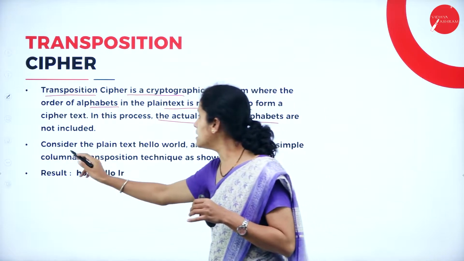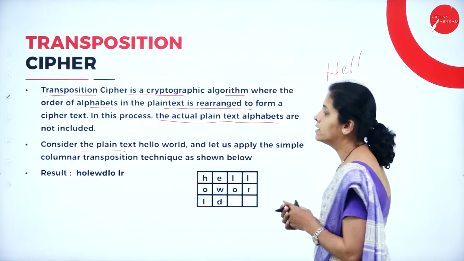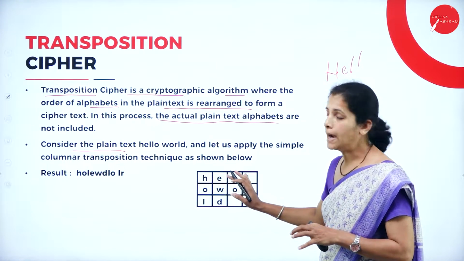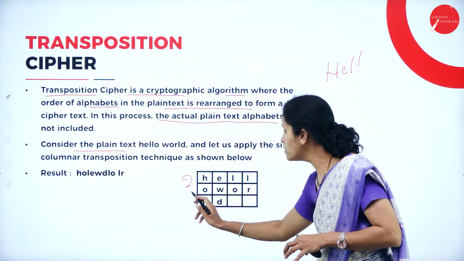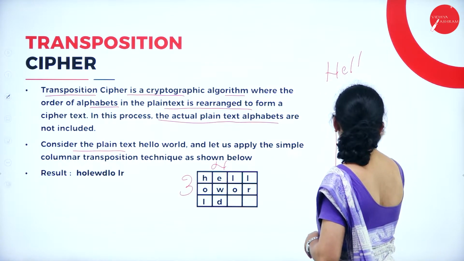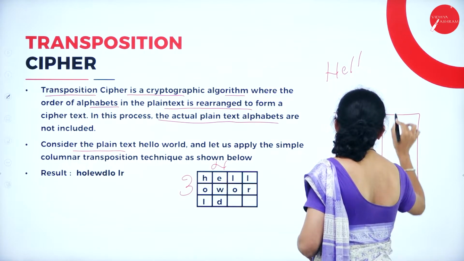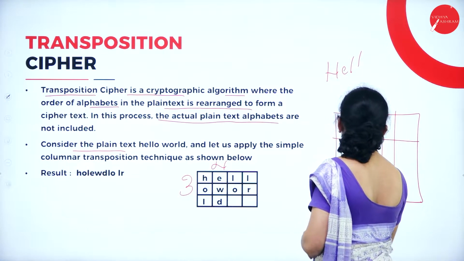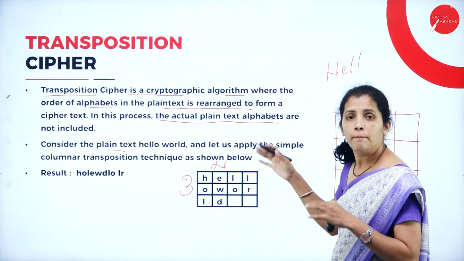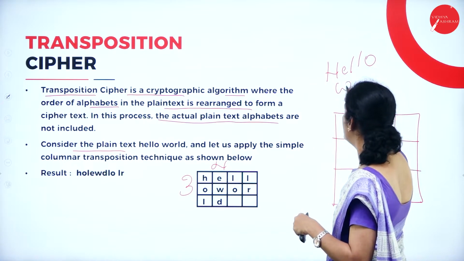Now, consider the plain text. Here I'm going to have hello world. Now, what I will do is draw the matrix. Here it is 3 rows and 4 columns. So I'm going to draw the table with 4 columns and 3 rows, and I'm going to place the plain text, hello world.